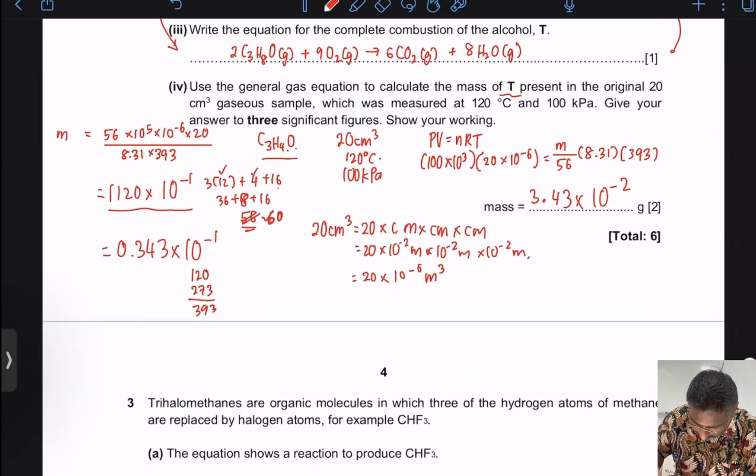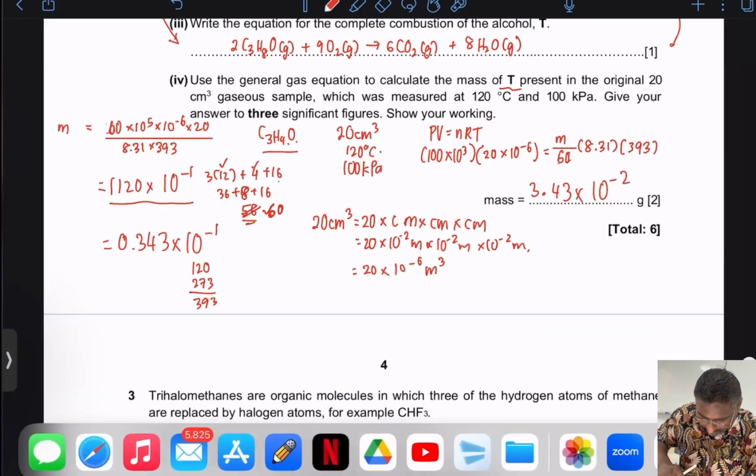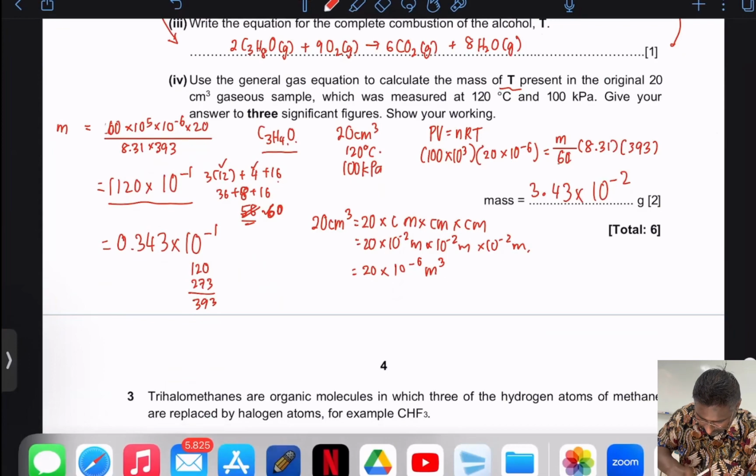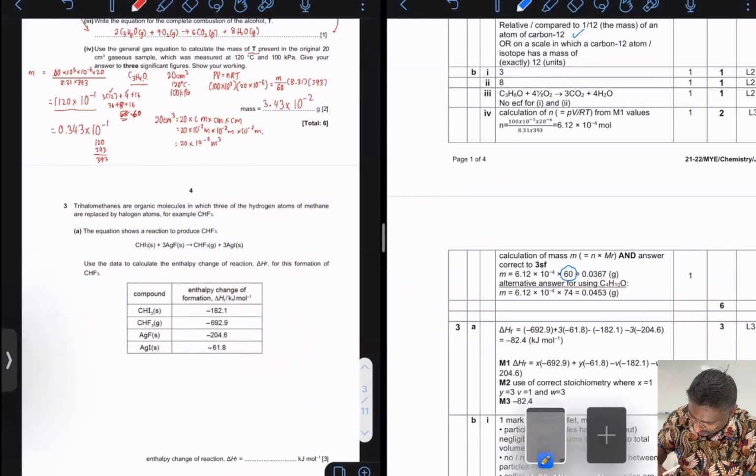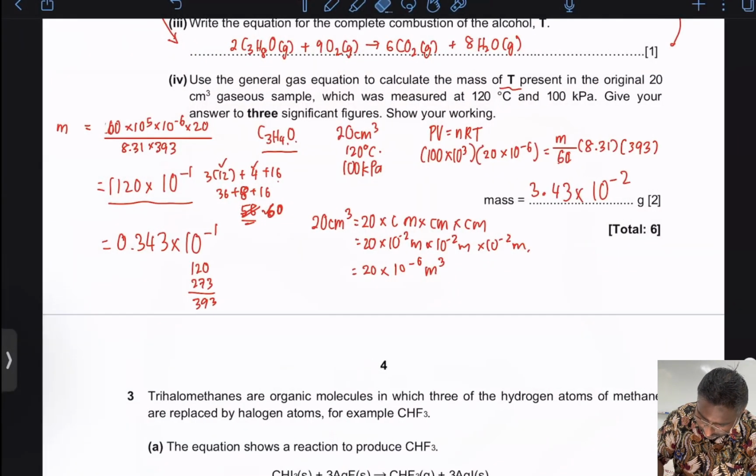So this part is divided by 60, and then this part is 60. The answer should be 0.0367.